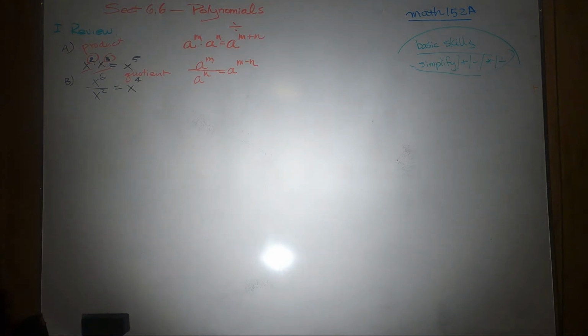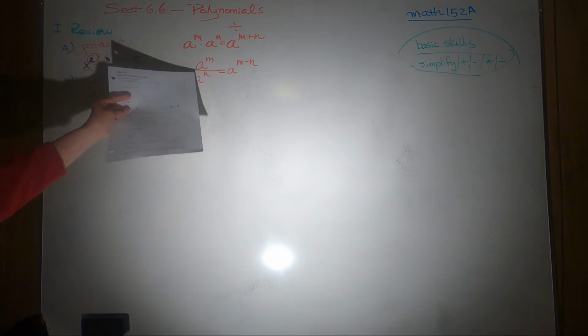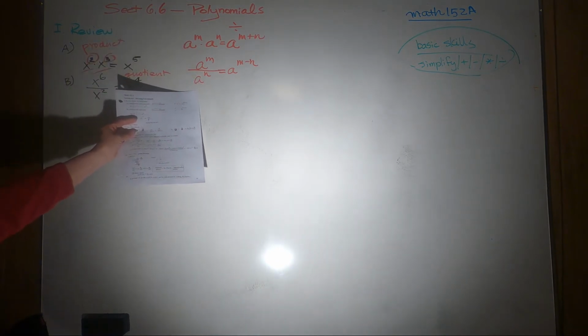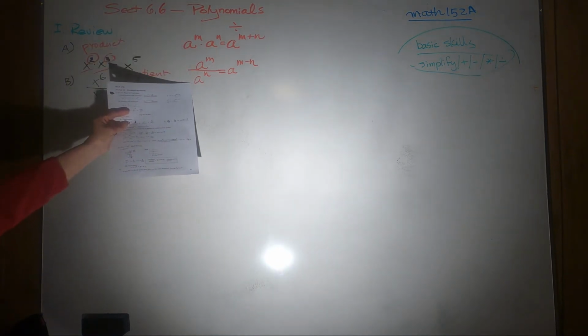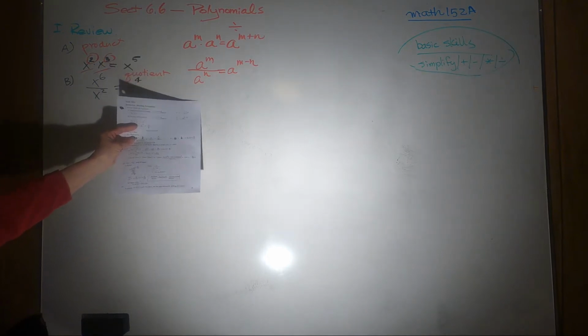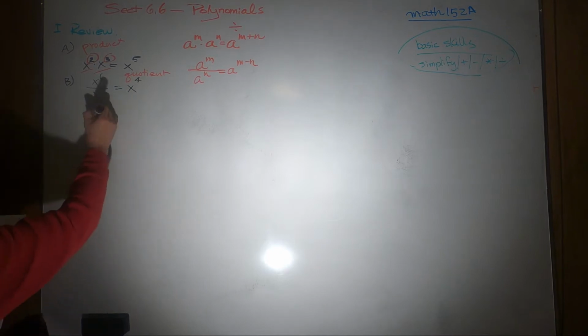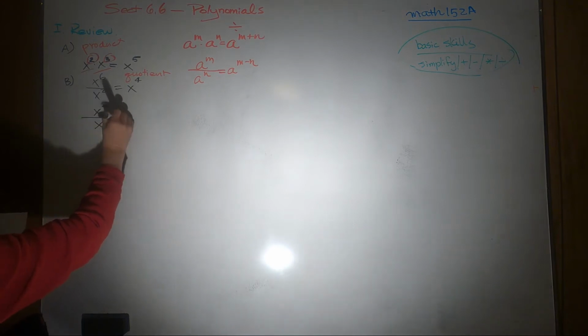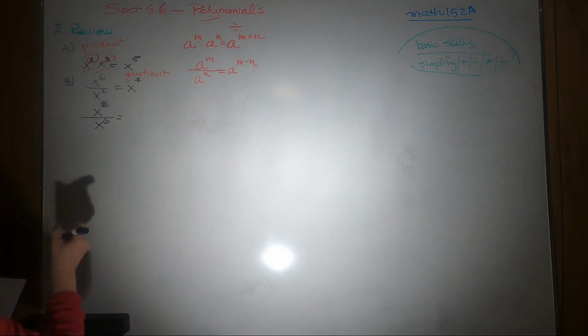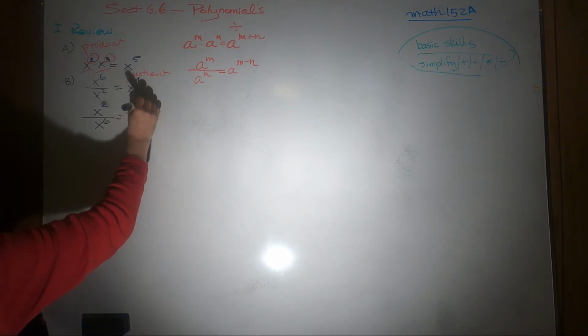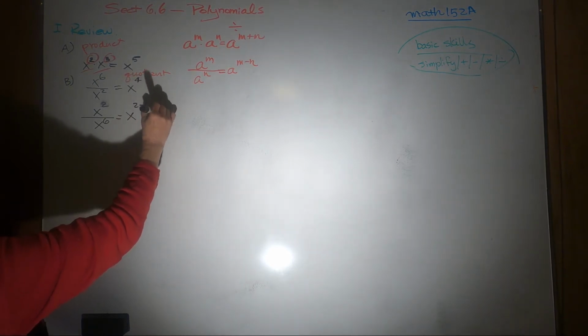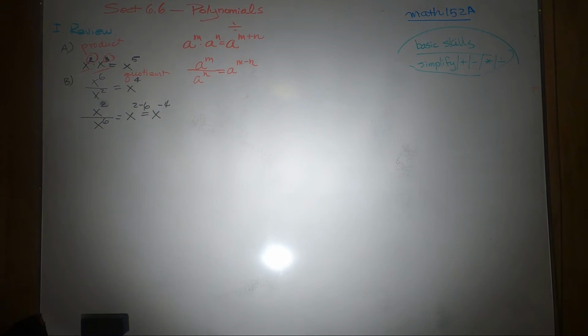So we did mono to mono, dividing one term by one term, for the division of polynomials already, right? And if we have x squared divided by x^6, we say we subtract the power, that would be 2 minus 6. That would be x to the negative 4, right?